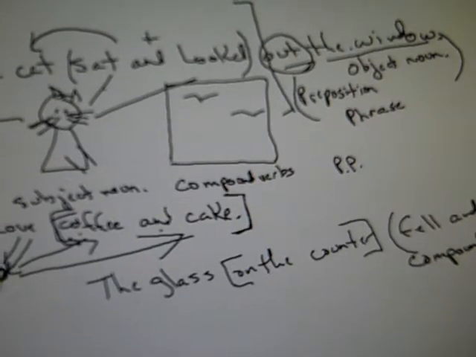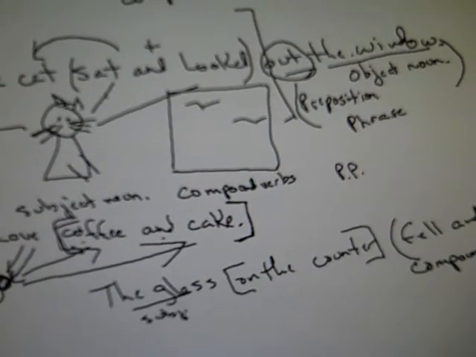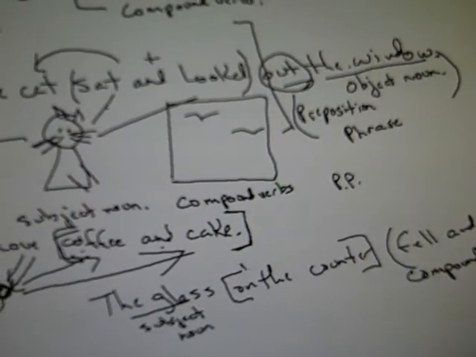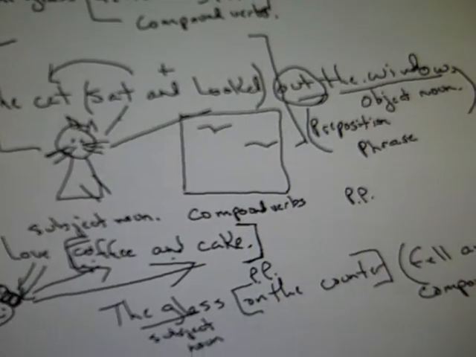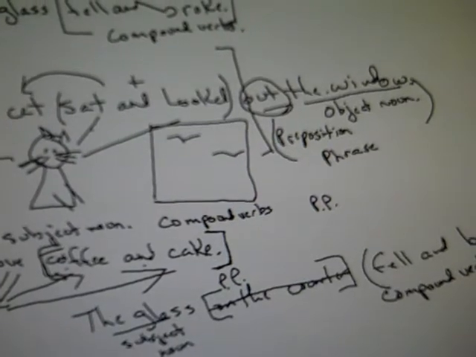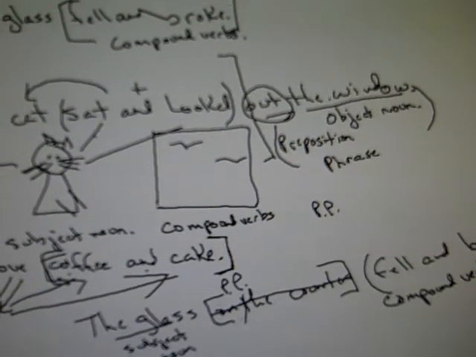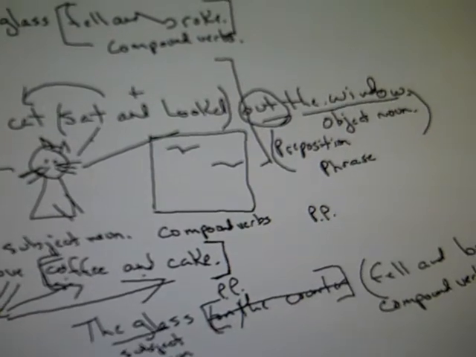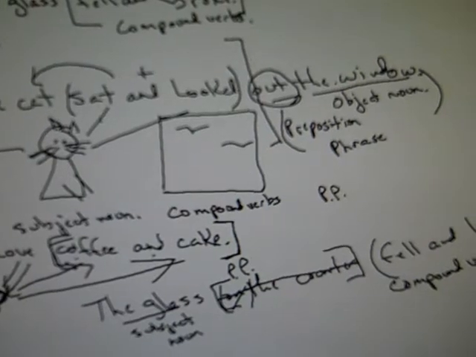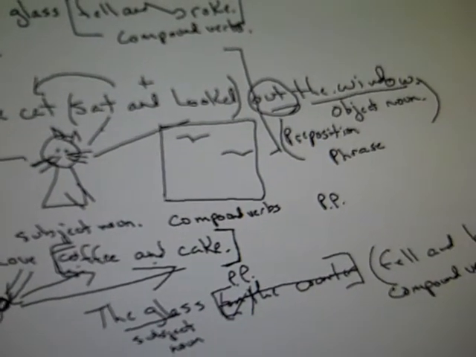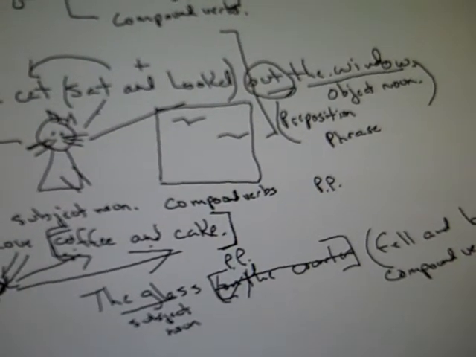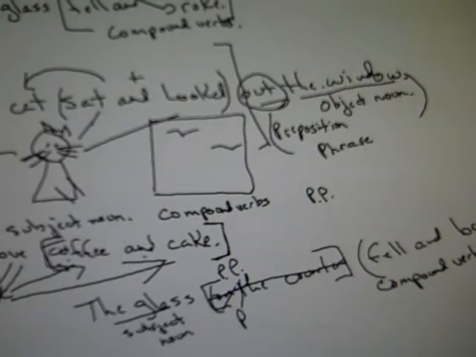And over here, my subject noun, which has to be there. And this is a PP. And literally, you should be able to cross these off on your papers to find your subjects and verbs. So memorizing these prepositions allows you to say, okay, I can just delete that to find my subjects and verbs, to make certain I've got a subject and verb in the sentence. Because every sentence must have a subject noun and a verb in order to be a sentence. So this is a PP, prepositional phrase.